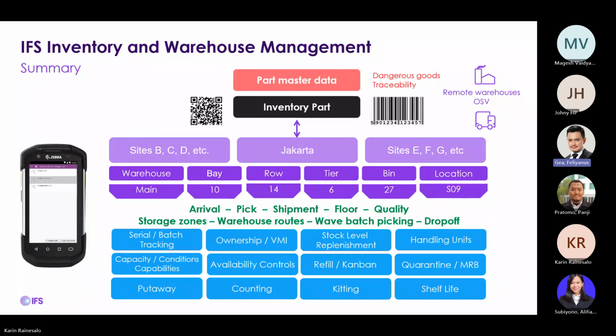If something is 2 meters wide and the location is only 1 meter wide, well, it's not going to fit. So the system will make sure that you don't put things into inappropriate locations, and the same will go for temperature, humidity, and so forth. The idea here is that we want to make sure that we put things into appropriate locations.